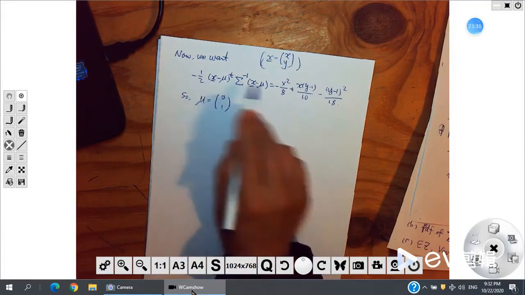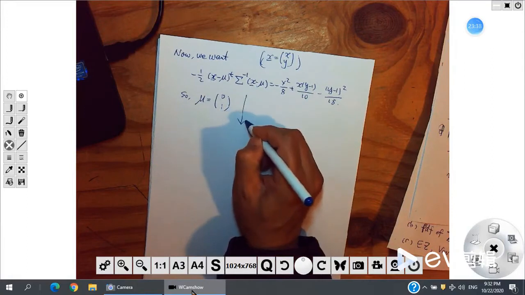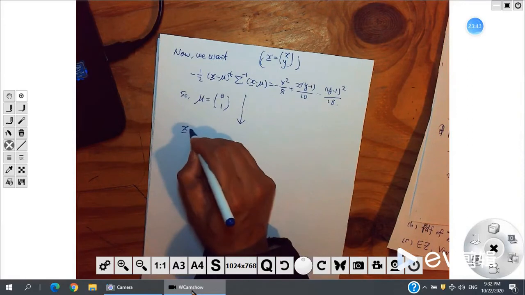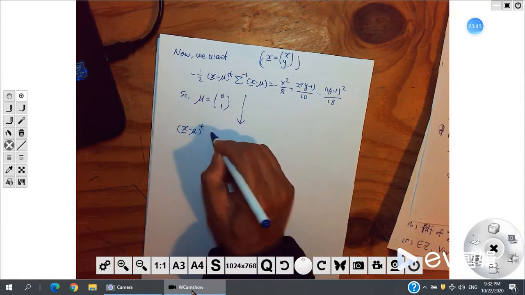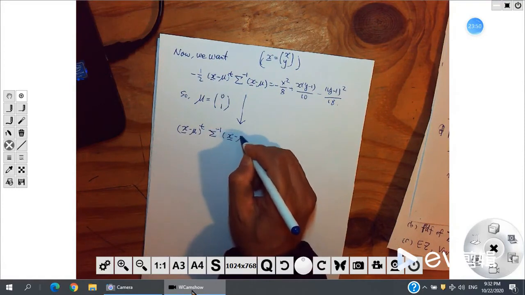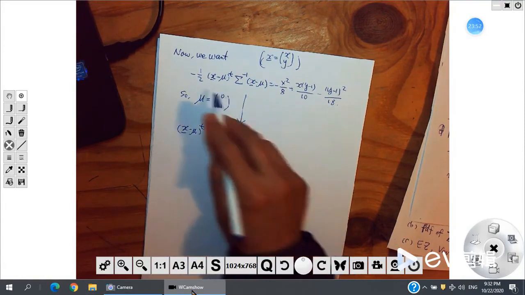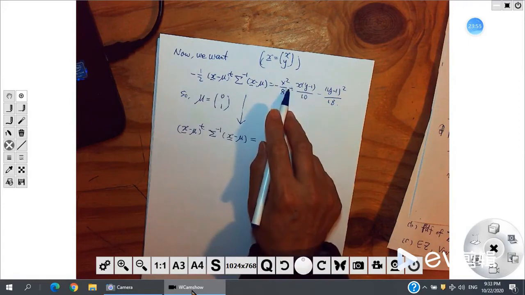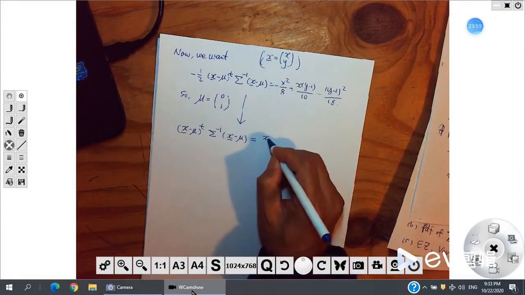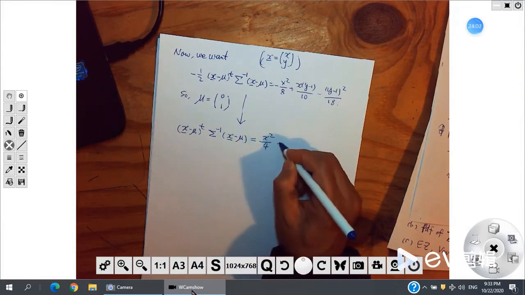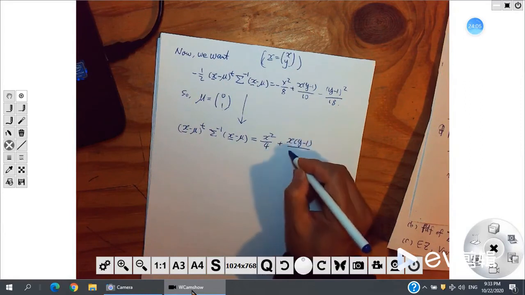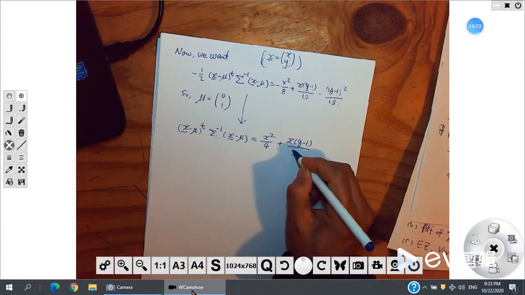You compare these two. I move the 2 to the other side, that means I multiply by negative 2 here. It is (x bar minus mu) transpose times sigma inverse times (x bar minus mu) equal to x squared over 4 plus x times (y minus 1) times 5, since I need to multiply by 2 on this side.